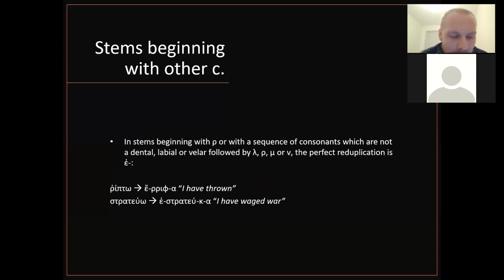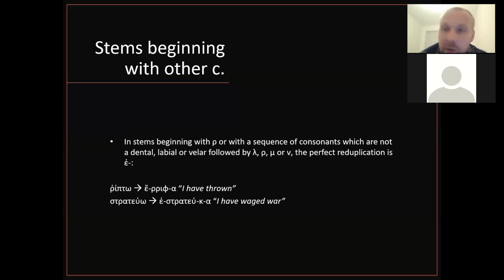Thus, rhipto becomes erhipha in the active perfect indicative, with aspiration of the initial rho as well in this case. And strateuo, I wage war, becomes estrateuka.